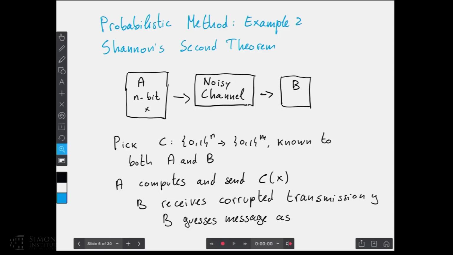And then the receiving party just decodes what it receives as the most likely message given the encoding and what it receives.